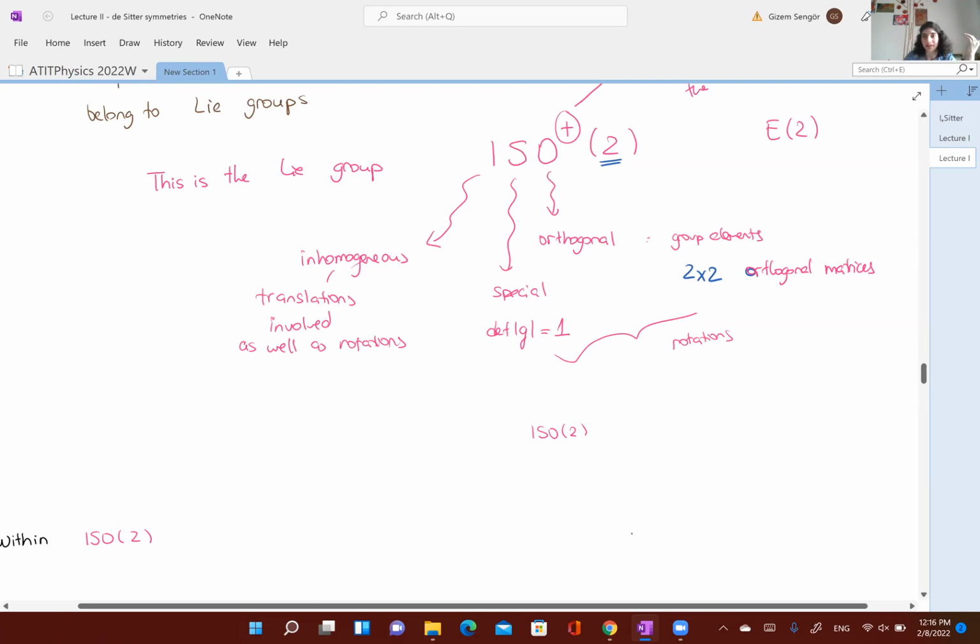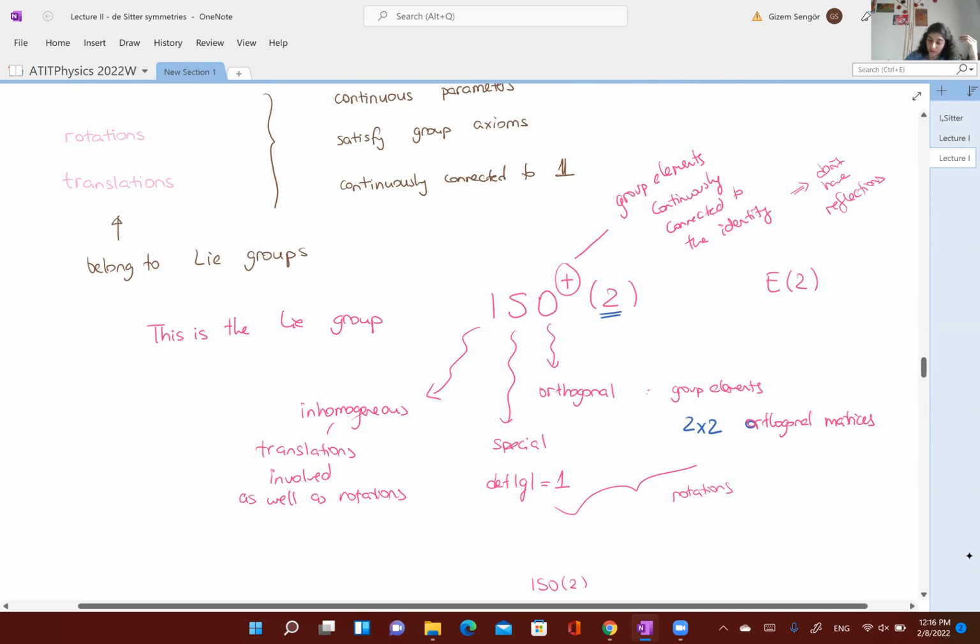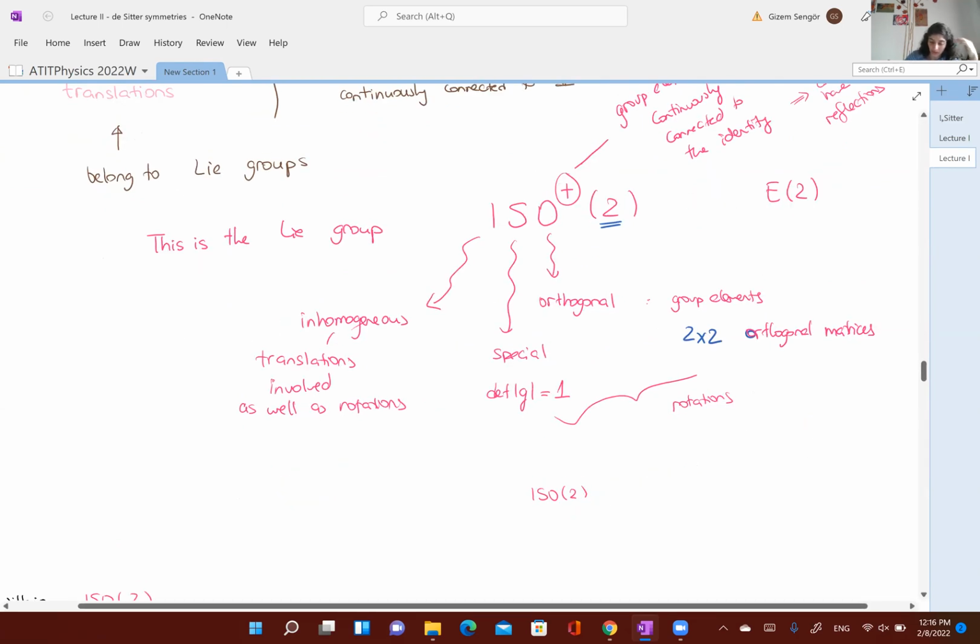And somewhere in the beginning, they say, we will write ISO2, but it means we are considering elements connected to the identity, so we don't have reflections. So from now on, we will drop the plus label as a convention.